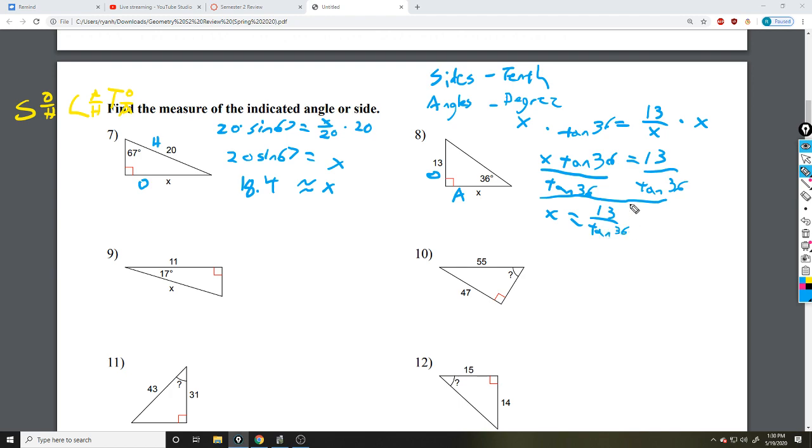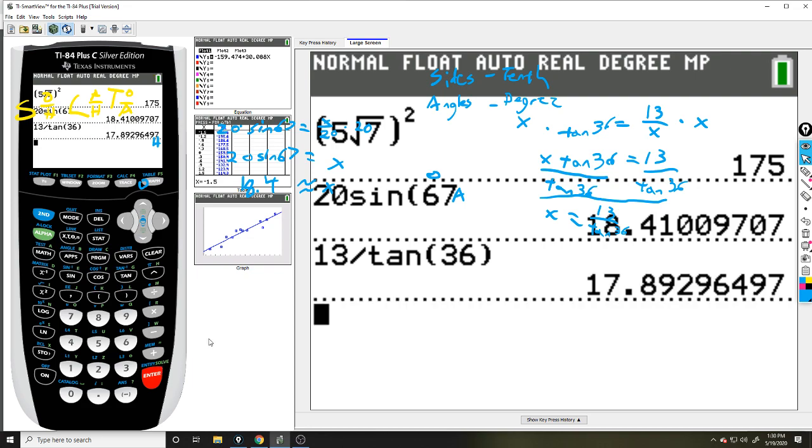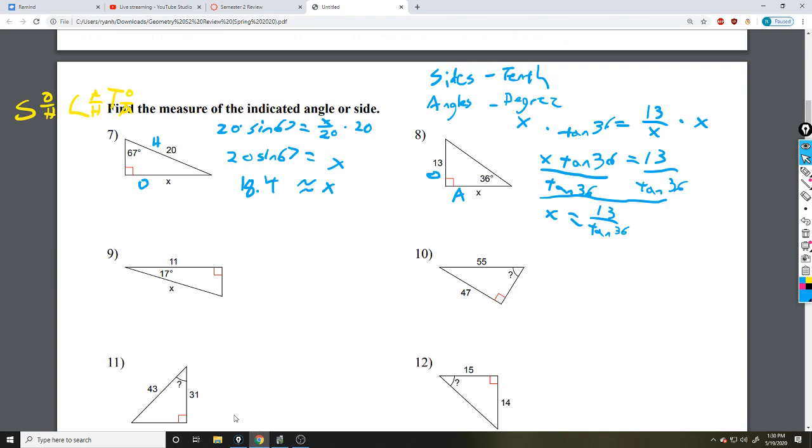We're going to put that in the calculator. 13 divided by tangent of 36. Close parentheses. 17.89, so to the nearest tenth, we're going to round that to 17.9.